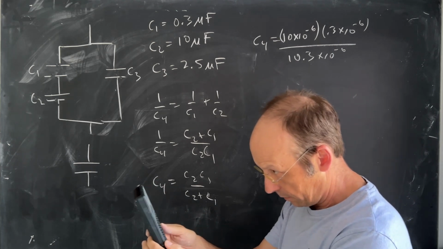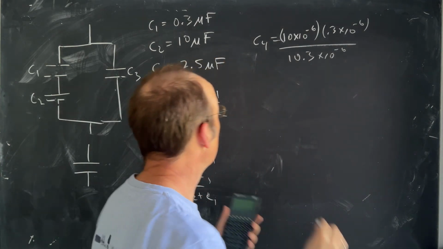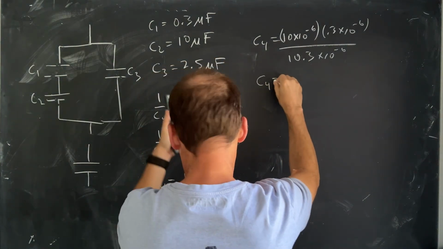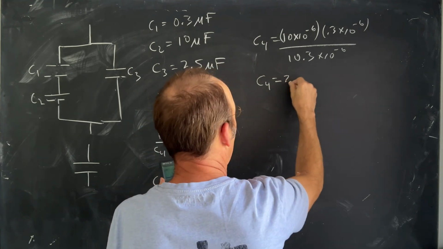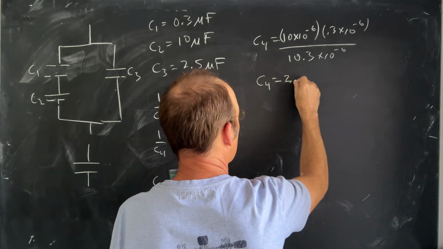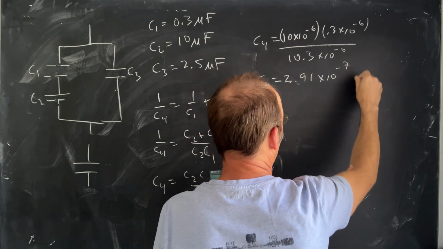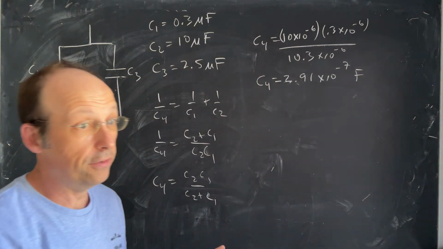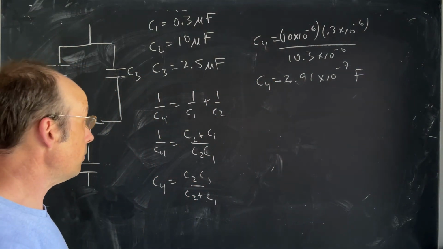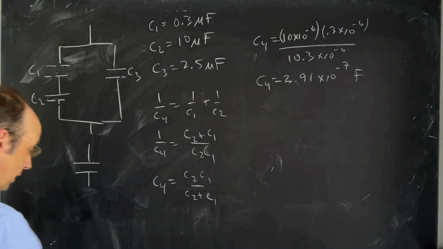Divide. And I get C4 is 2.91 times 10 to the negative 7 farads. You could write that in microfarads if you want. I don't really care. Now what we have is this.